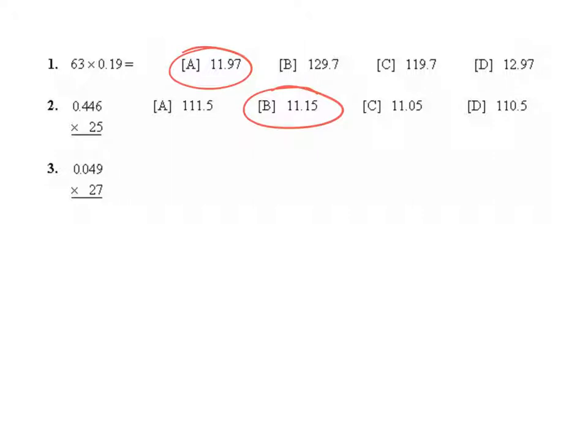And question 3, we have 49 thousandths times 27 wholes. So if I were to work this out with fractions, this would be 49 over 1,000 times 27 over 1, which proves to us that we can just multiply the whole numbers and then shift the place values 3 places.